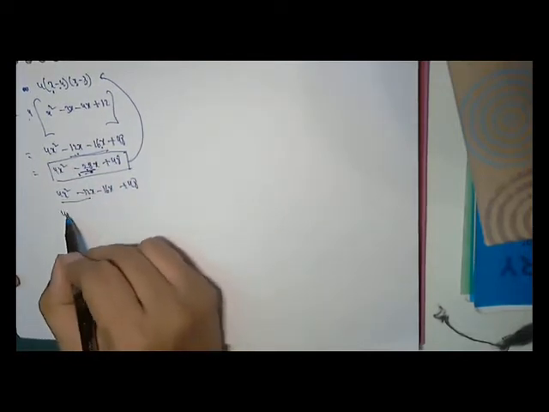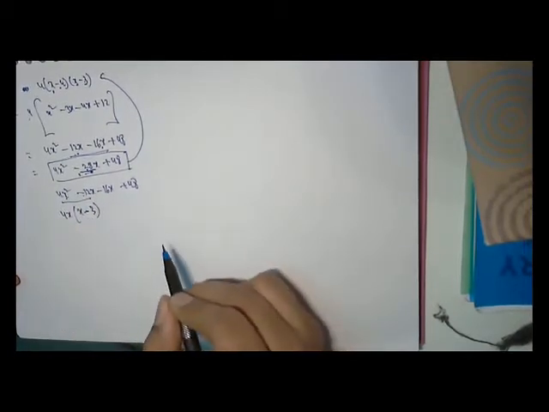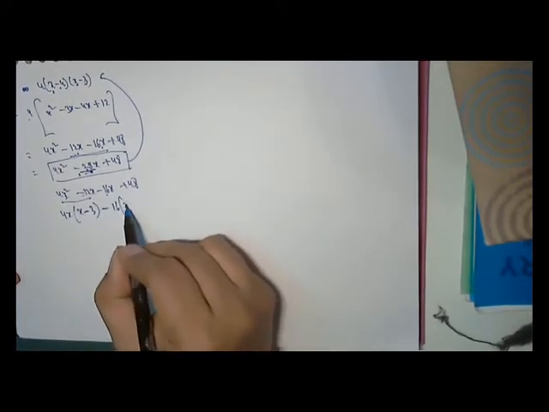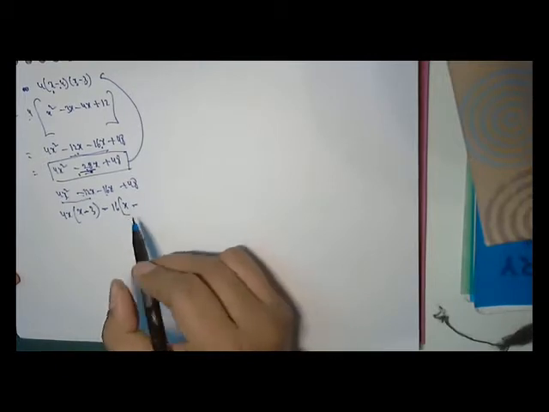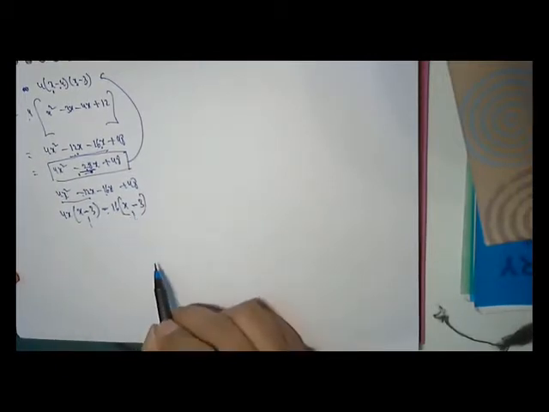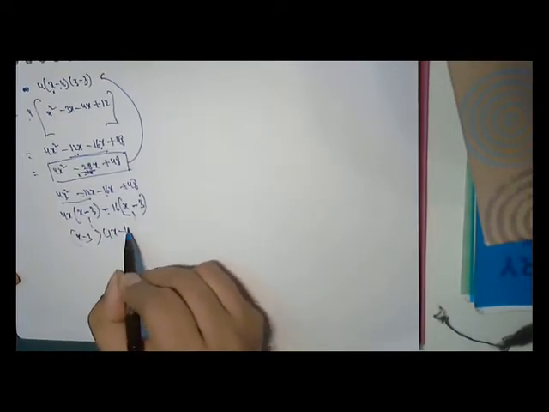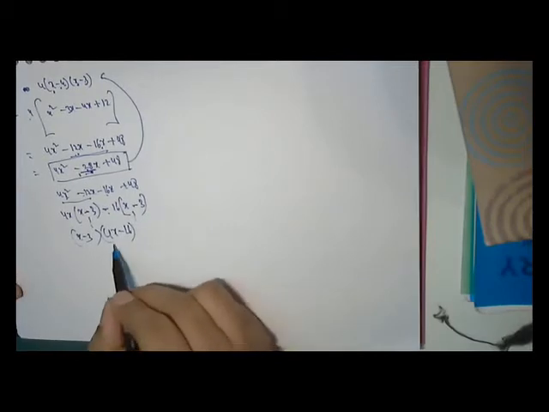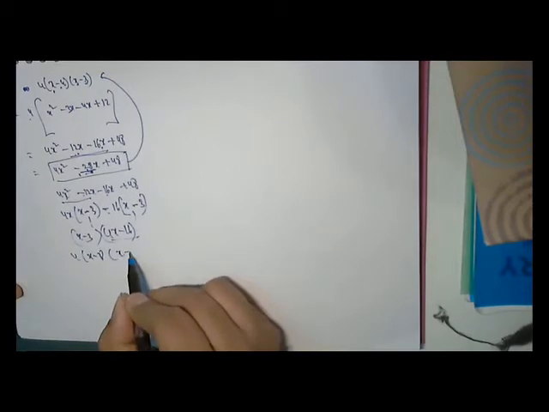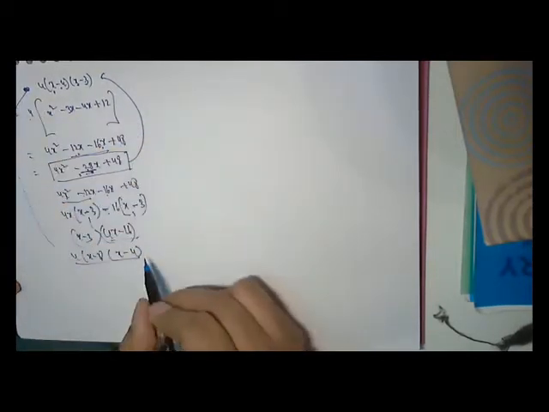Here common is 4x, so left out is x minus 3. Here common is minus 16, so x minus 3. These two, the common is x minus 3. So x minus 3 into 4x minus 16. If I take 4 outside, 4 into x minus 3 into x minus 4. So this is same as my y.